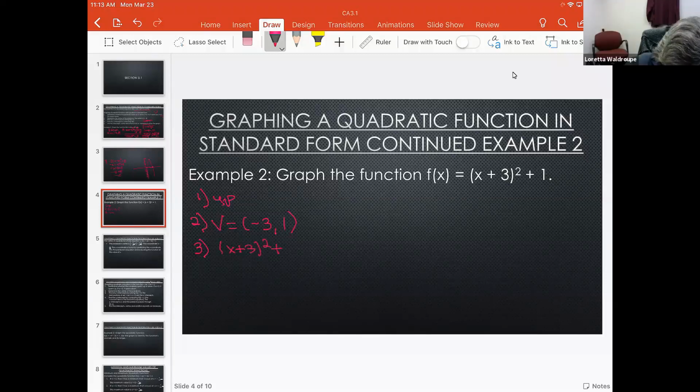So set the equation equal to 0. Now I'm going to subtract 1 from both sides. What number can you square to get negative 1?